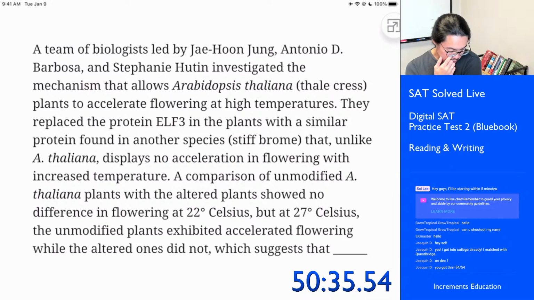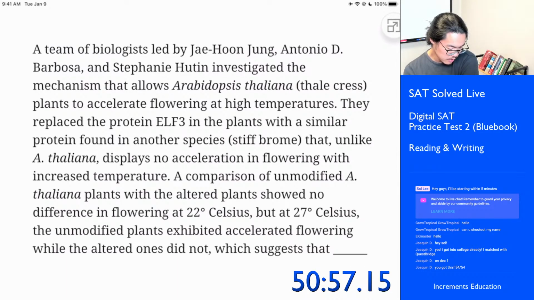So they investigate a mechanism that allows plants to accelerate flowering at higher temperatures. High temperatures, more flowers. They replace the protein in the plants with a similar protein. No acceleration. So ELF should probably produce more acceleration.